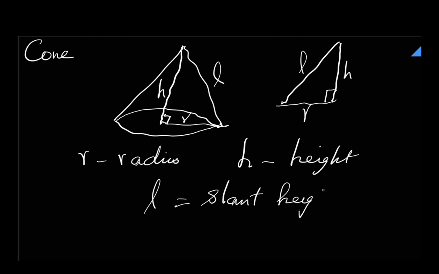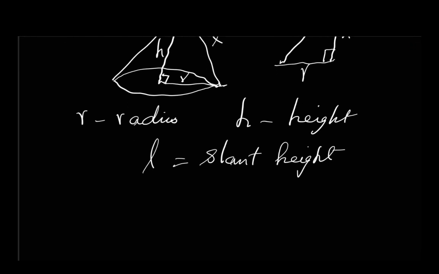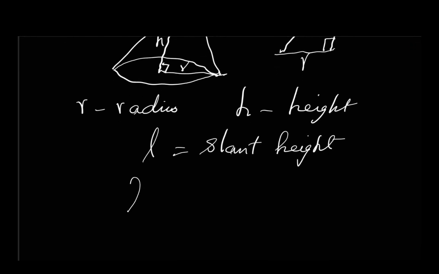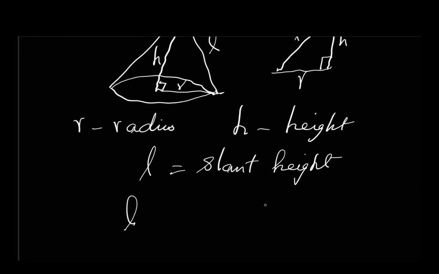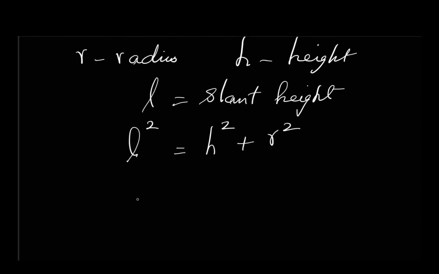It is a right angle triangle, so the square of the hypotenuse, the side opposite to 90 degrees, l, is the sum of the squares of the other two sides. So we get l equal to the square root of h squared plus r squared.